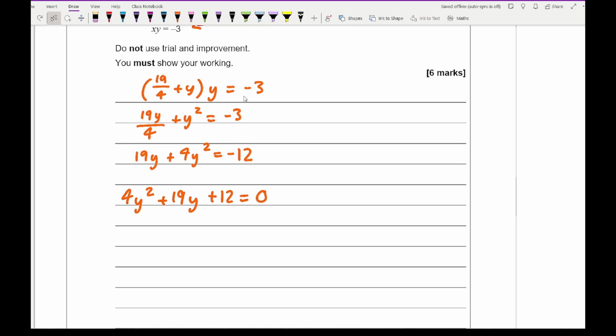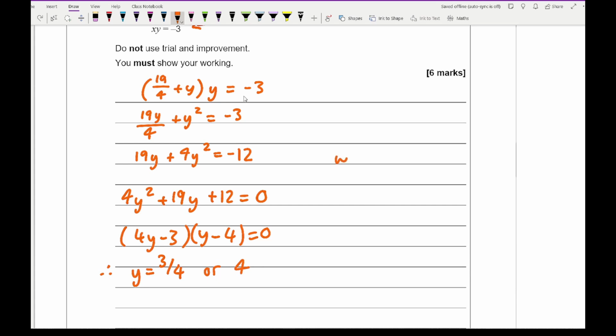Now unfortunately that doesn't cancel down, so what I would then need to do is factorize this, and it does factorize into 4y minus 3 and y minus 4 equals 0, and therefore solving that gives me a y value of 3 over 4 or positive 4.